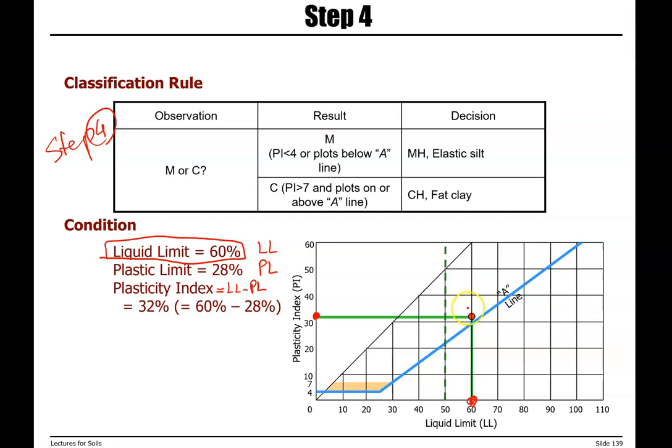The point is LL 60% and PI 32%. This is above A line. So this one is satisfied. Also PI is 32% and it's above 7, which means that both of these statements are satisfied, and we can say our final answer is CH or fat clay.